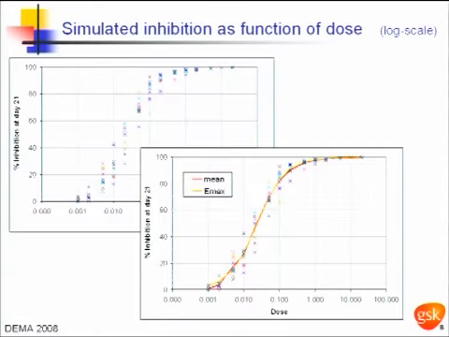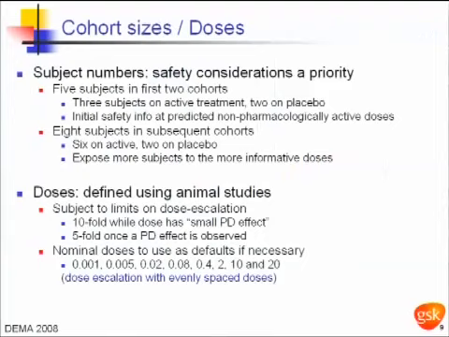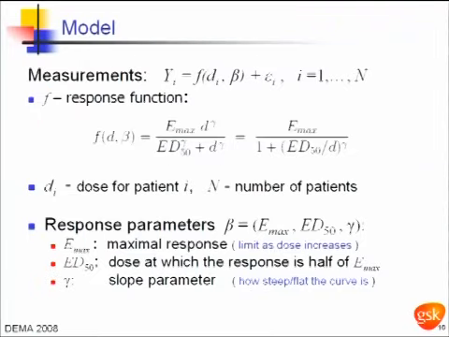As I showed you, that's how the model looks, and that's the formal introduction of the model. We assume here that measurements are generated by some response function f with normal, identically distributed, independent random variables. So f is a response function. This is an Emax model with 3 parameters.